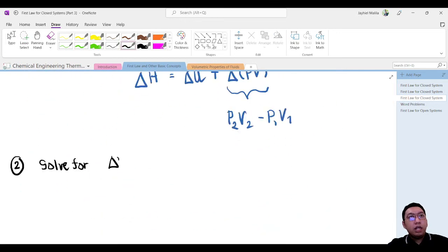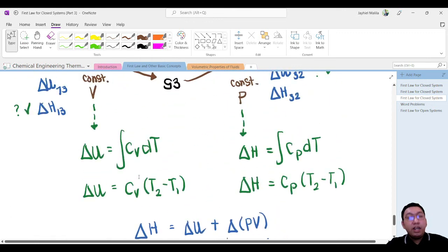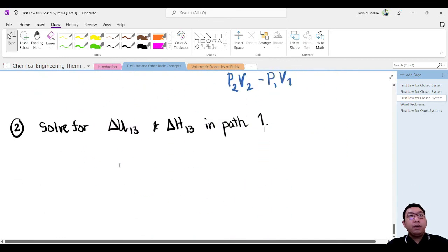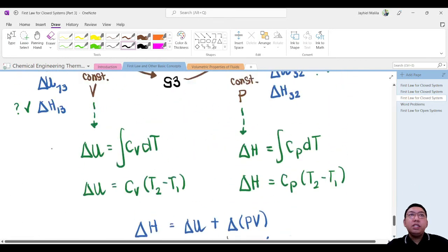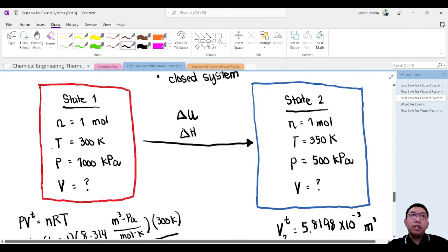Of course, let's start with delta U13 because that's the easiest one to solve, because we have a mathematical relationship here between the variables. So our temperature, this is constant volume. Oops. Yeah, I think we need to solve something first.